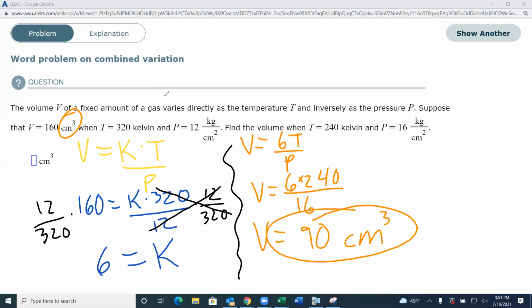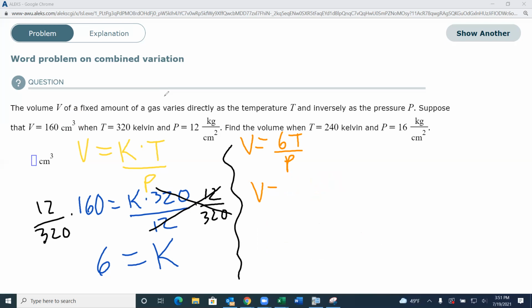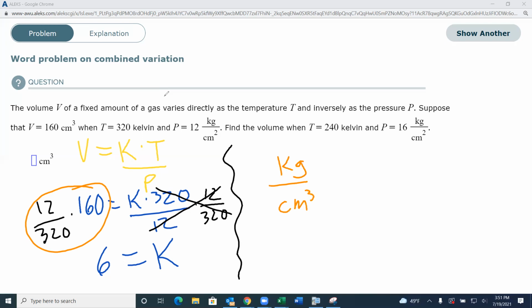Now, on this one, we could have talked about the units of K and said, all right, 6 what? Well, what did we do to get K? Well, K is this stuff multiplied together. More specifically, it's the 12 kilograms per square centimeter divided by the 320 Kelvin.